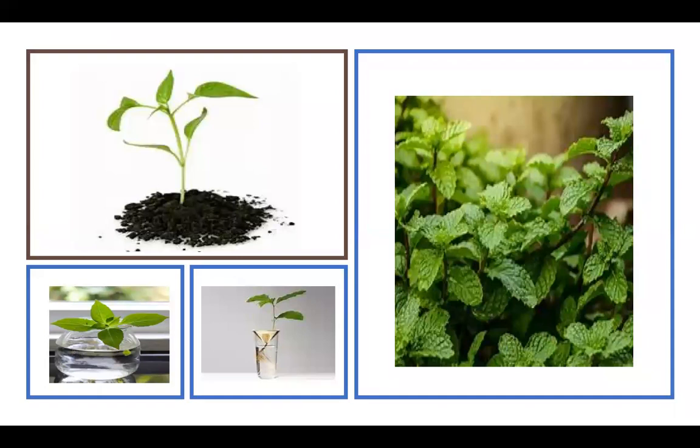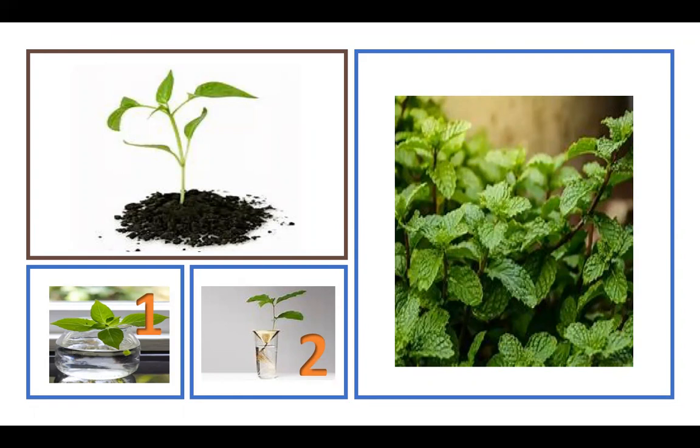Let's see another kind. As you see, this is a mint plant. The same is true for lettuce. You can take some leaves and place them in water. After some time, you're going to see a small stem with small roots grow from these leaves.